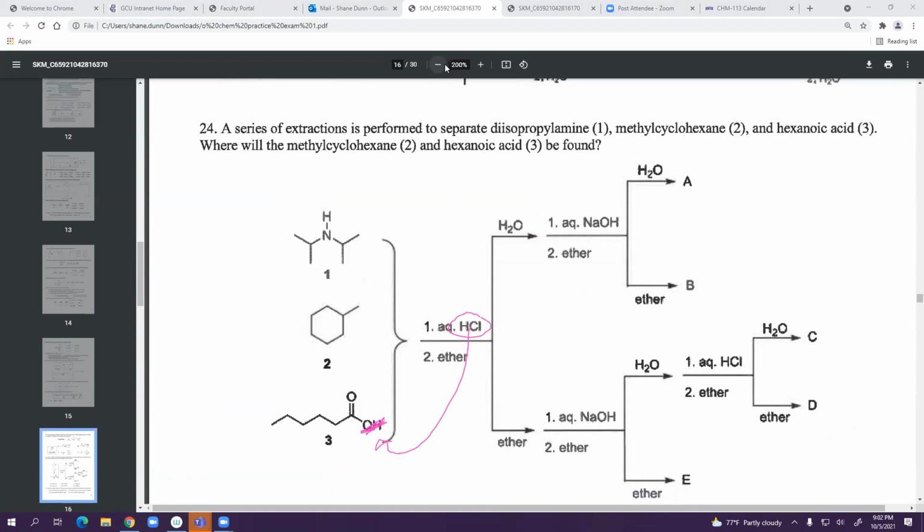That guy goes away, right? So now I just have what? A double bonded oxygen right there, correct? That's why it goes on the ether side, because it lost the OH. It lost some of its acid, correct? It doesn't really affect that guy at all. That's why you also wash with ether.